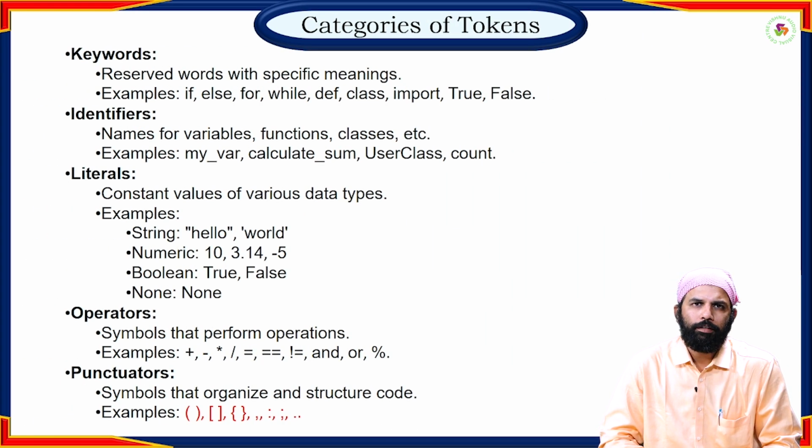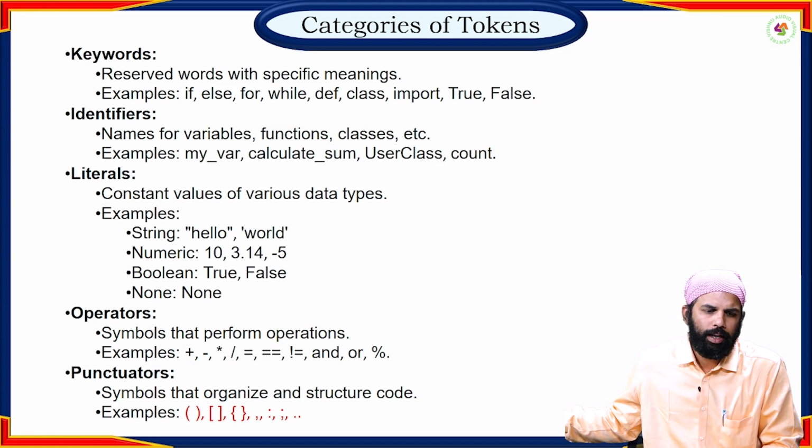When we talk about identifiers, they help the coder go beyond the level of keywords, where he can provide his own defined words as the building blocks of the code: names for variables, functions, classes, and any data structure.